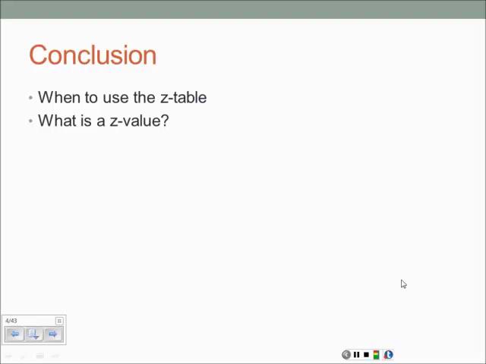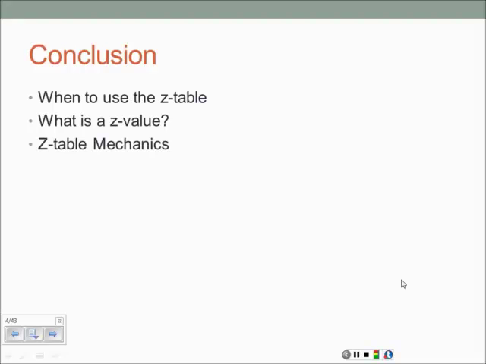If you have a bell-shaped sampling distribution, when n is large enough for the central limit theorem to apply, it'll be the number of standard errors from the mean. So for the population, it was z equals x minus mu over sigma. For the sampling distribution, it was x bar minus the mean of the x bars over the standard error, the sigma x bar. Make sure that when you get to that sigma x bar, it's going to be the population standard deviation divided by the square root of n.